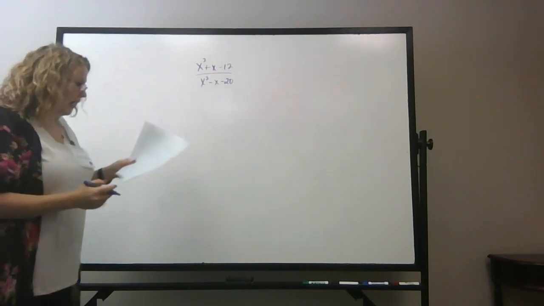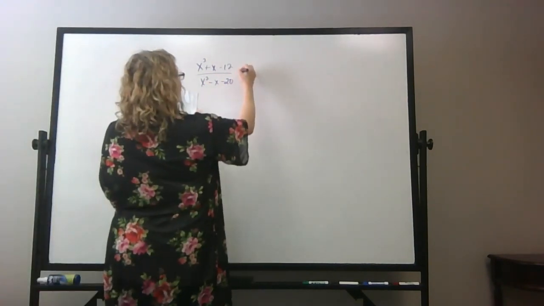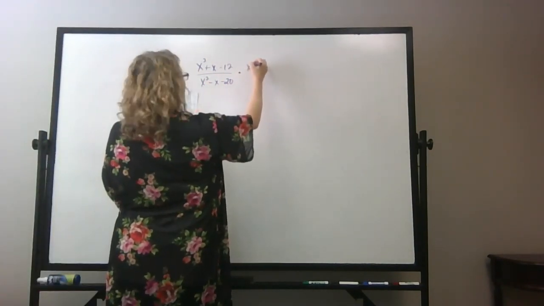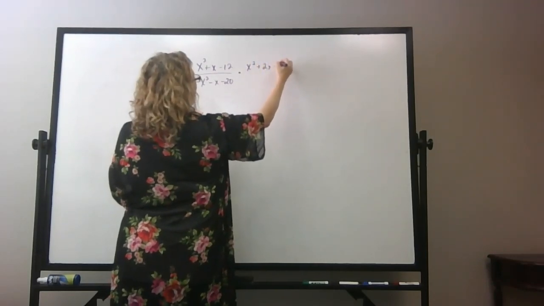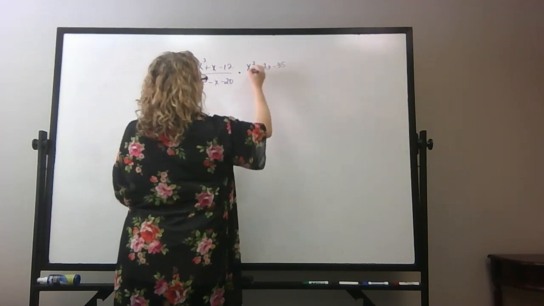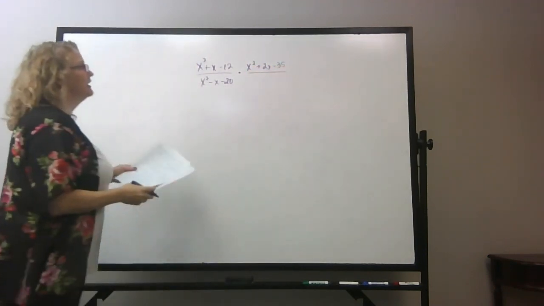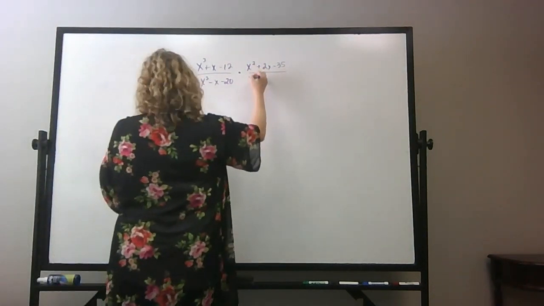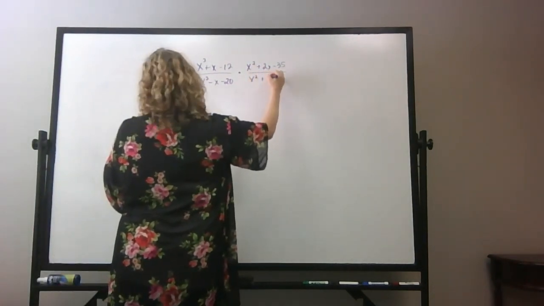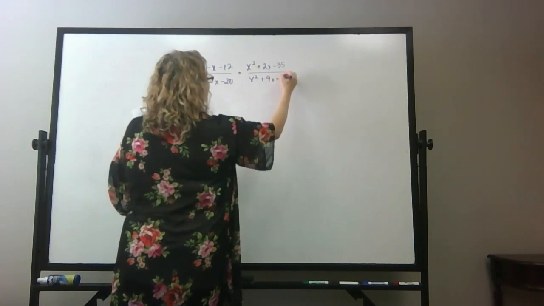I'm going to multiply this by x squared plus 2x minus 35. And the denominator here is going to be x squared plus 9x plus 14.